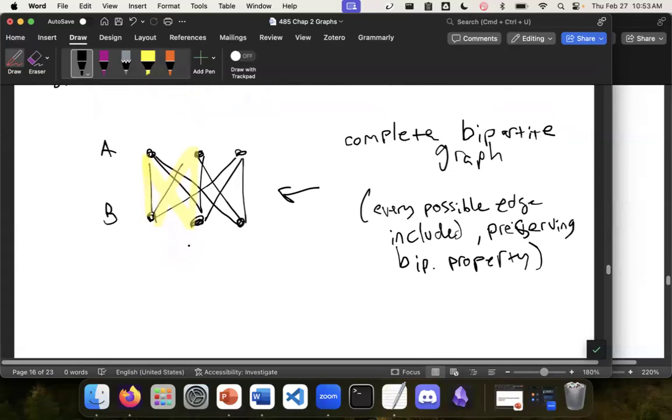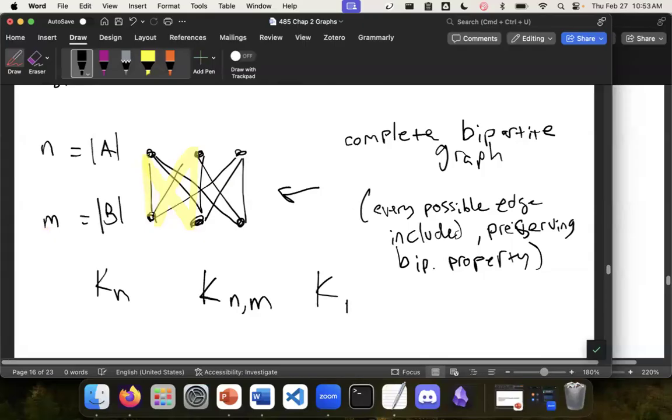The way we write a complete graph is just with how many vertices there are. The way we write a bipartite graph as complete is we still use the letter K, but we instead have 2 letters. So if the size of A is N and the size of B is M, we write it K_N,M, where these are both in the subscript.